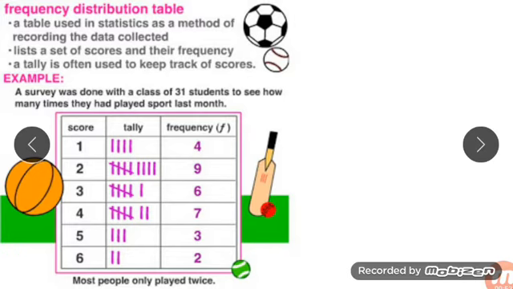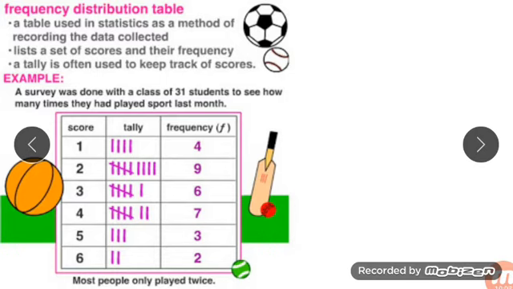The number of students who have played sports 5 times is 3, and those who have played 6 times in the last month is 2.